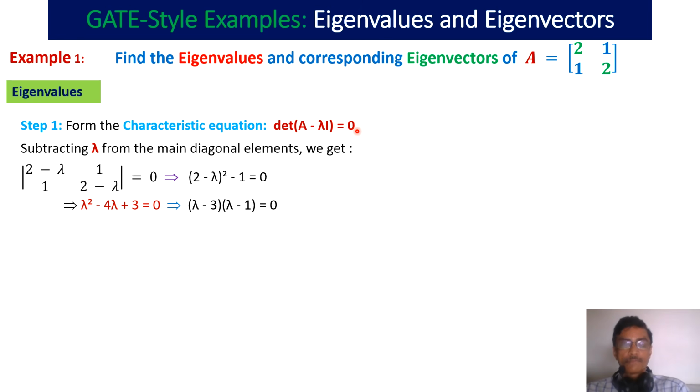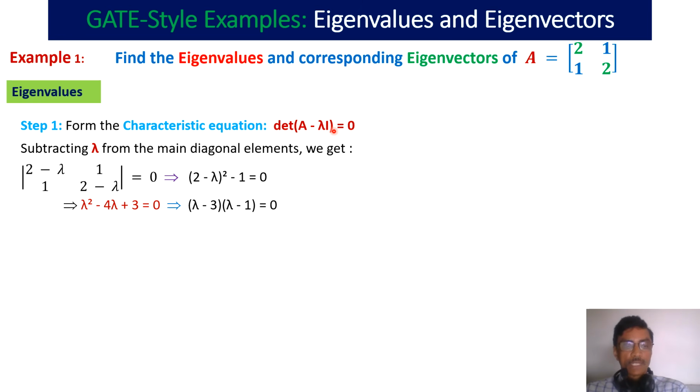Subtracting lambda from the principal elements gives the determinant of [2 minus lambda, 1; 1, 2 minus lambda] equals 0. Cross multiplying the diagonal elements, since it is a 2 by 2 matrix, we get (2 minus lambda) times (2 minus lambda) minus 1 times 1 equals 0.